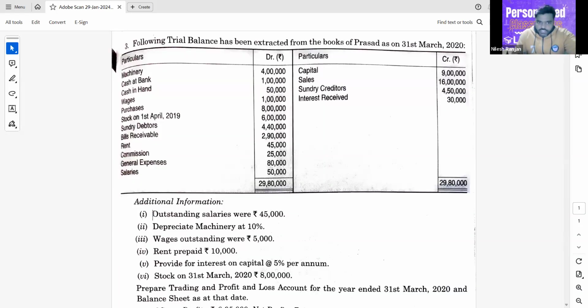Adjustment number one, outstanding salary was 45,000. Now, as per the adjustment we have discussed, outstanding salary is given outside, so we have to write it in two places. One in profit and loss, where we add it to salary, and the other on the liability side. So first we have to find salary here, 50,000.